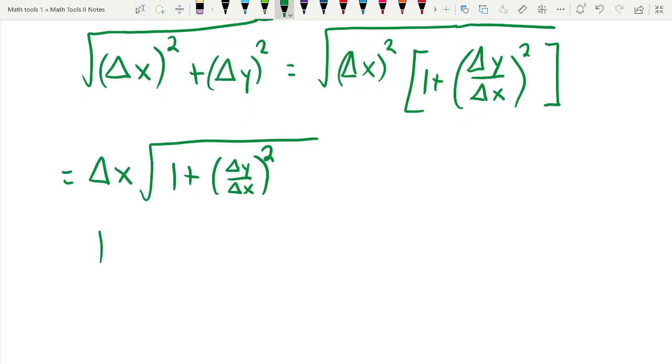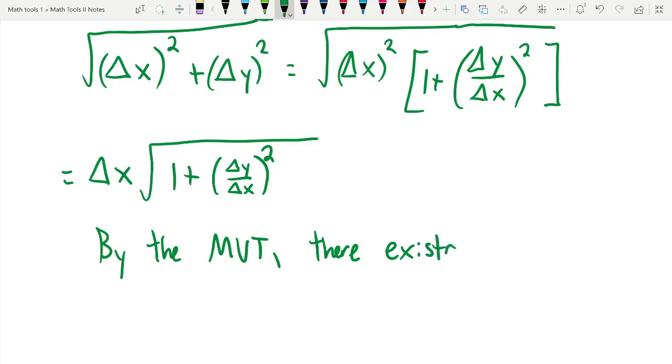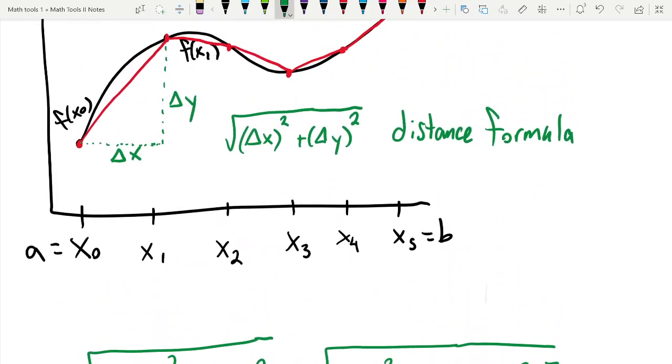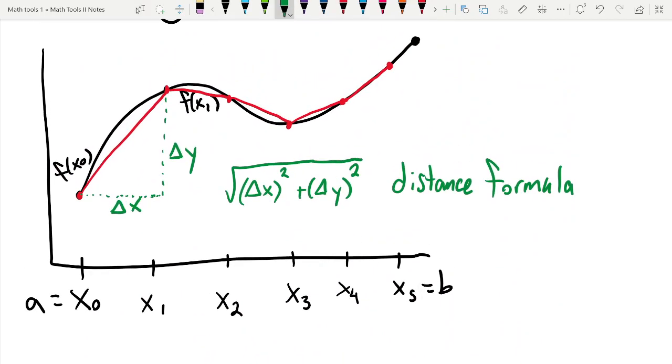So by the mean value theorem, there exists a point, we'll call it xi star, in x_{i-1} to x_i. Okay, so this is just the name of this interval, right? The interval between any two of these x's.